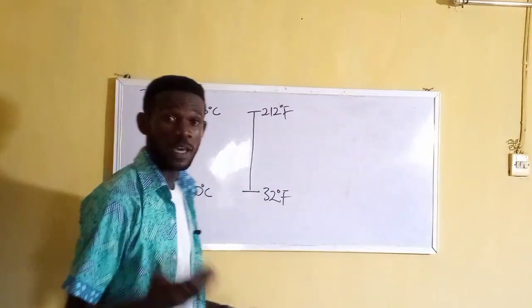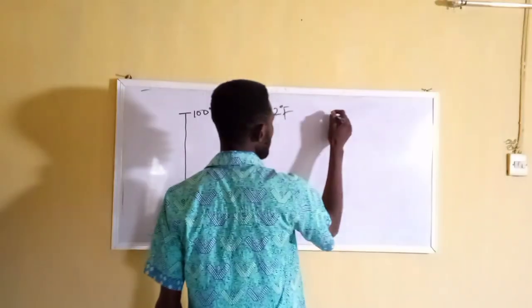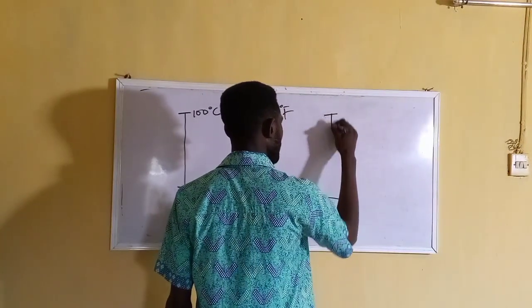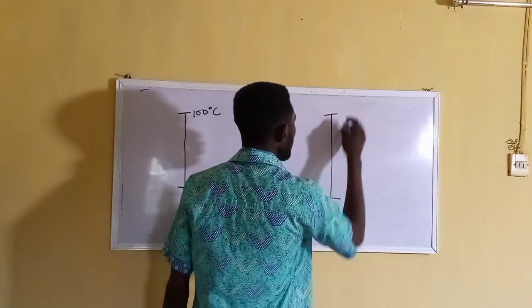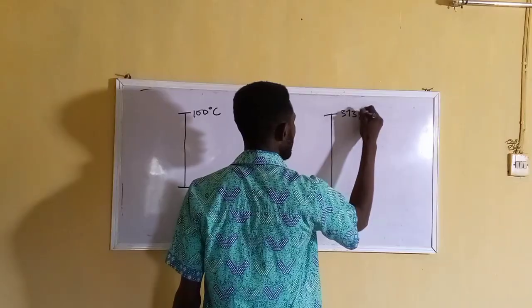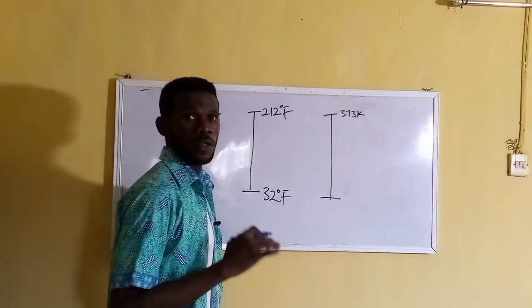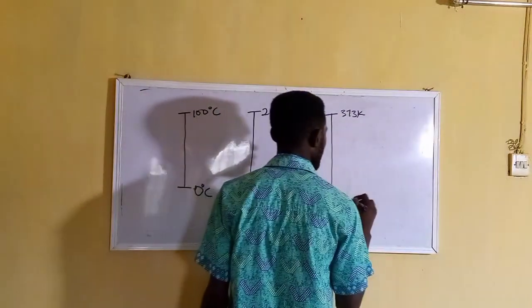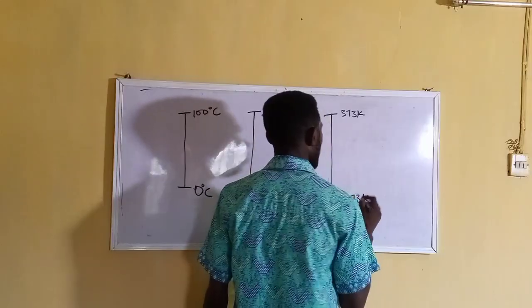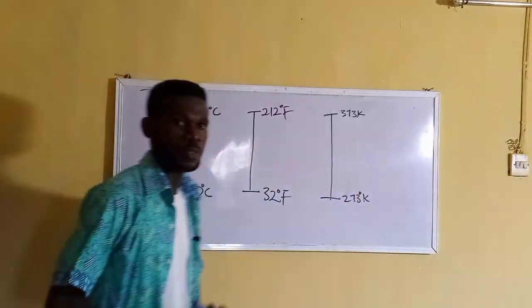And the Kelvin scale has 373 Kelvin for the upper fixed point and 273 Kelvin for the lower fixed point.